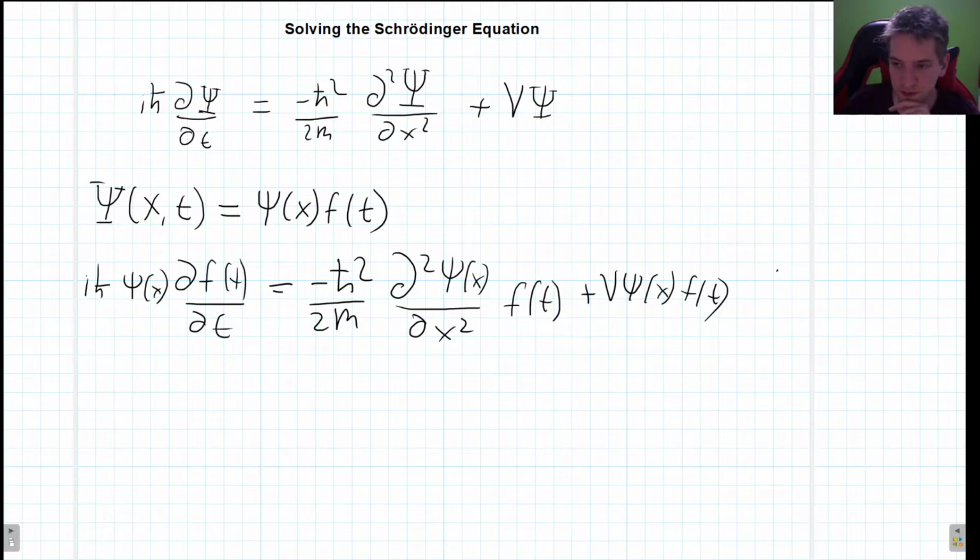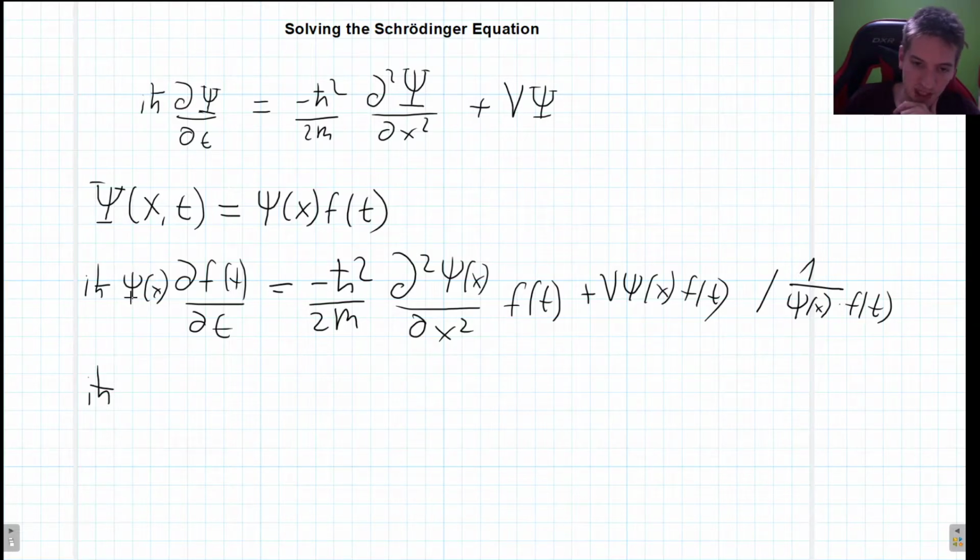Step number 2, we're going to divide by both psi of x and f of t. This is done obviously to separate the variables, as you will see. So in i h bar, this psi of x is going to cancel out. We're just going to be left with this partial differentiation, divided by f of t.